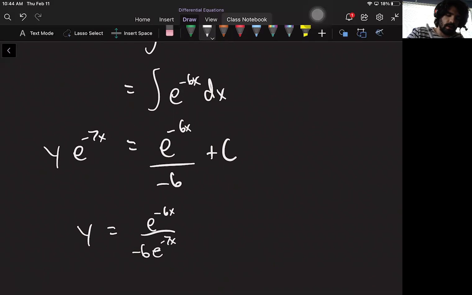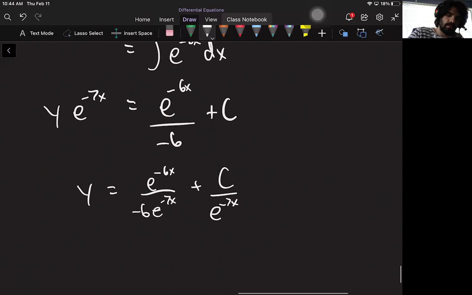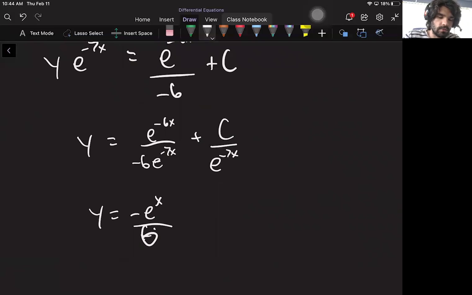Just by dividing by that e to the negative 7x. So what does that become? That just becomes negative e to the x over 6, because I just subtracted the powers. So you'll get negative 1x on the bottom, which flips over to e to the x. And this is just e to the 7x times a constant.